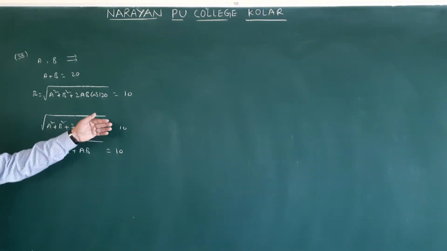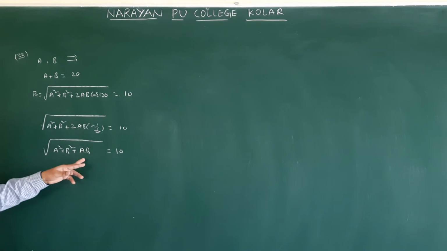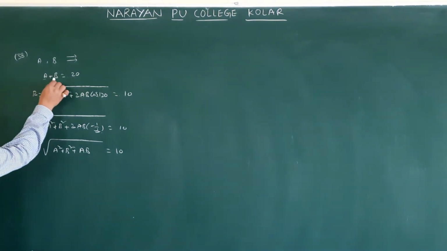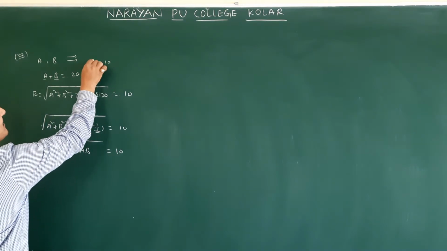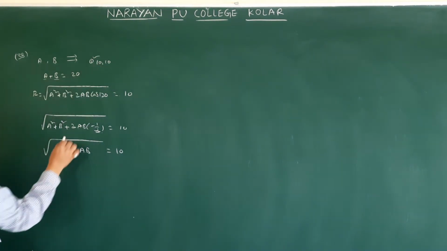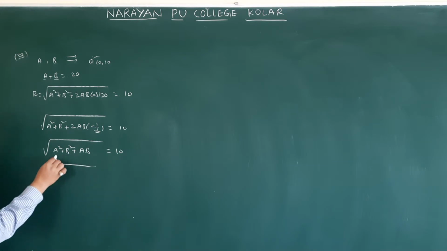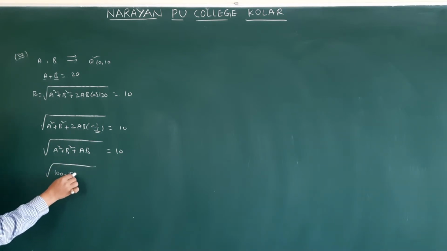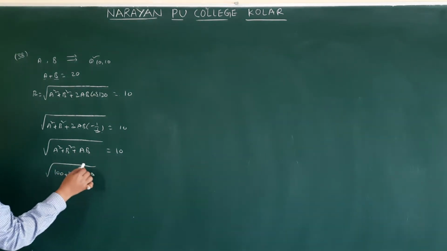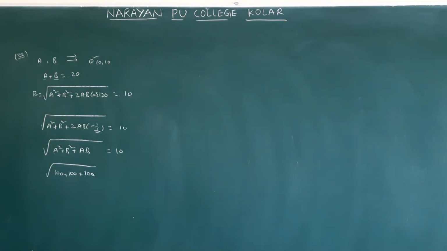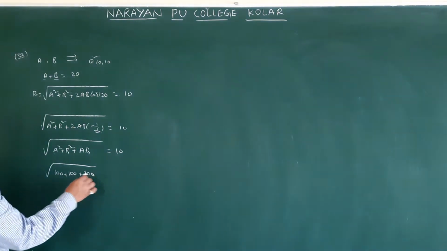Now we will do this one option wise. First option is 10, 10, meaning A value 10, B value 10. 10 plus 10 is 20, so the first option fits the first equation. Now check the second: root of 10 square 100, 10 square 100, 10 into 10, 100.